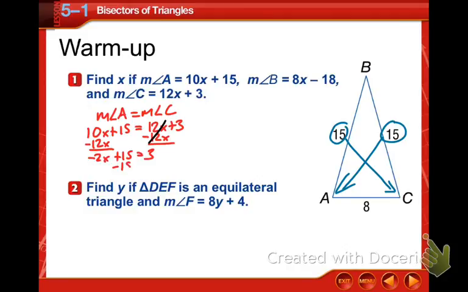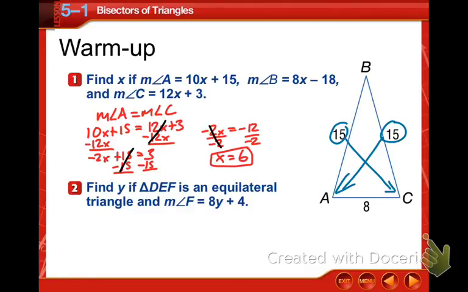And then we subtract 15 from both sides. 3 minus 15 is negative 12. So negative 2x is equal to negative 12. We divide by negative 2. X is equal, negative divided by negative is positive, 12 divided by 2 is 6.